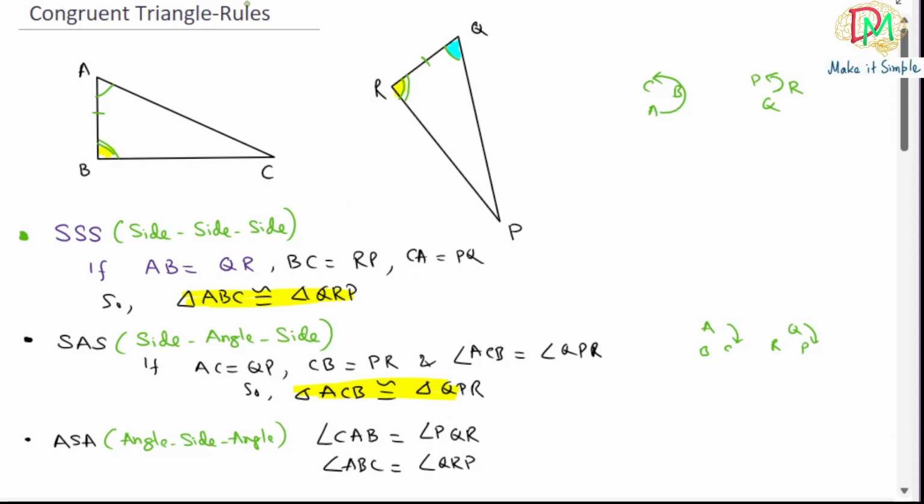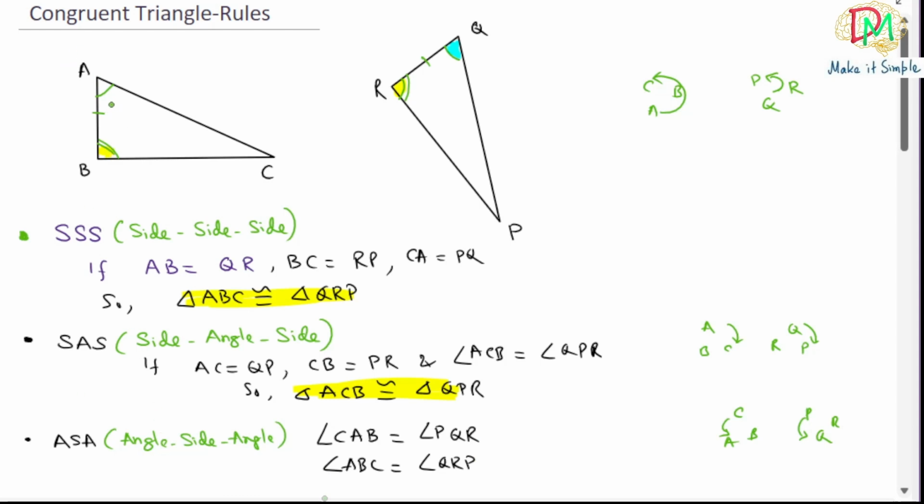Before that, we should write the orientation: CAB and PQR. Look at this, angle ABC, ABC, angle QRP, QRP. So it is matched with the orientation.